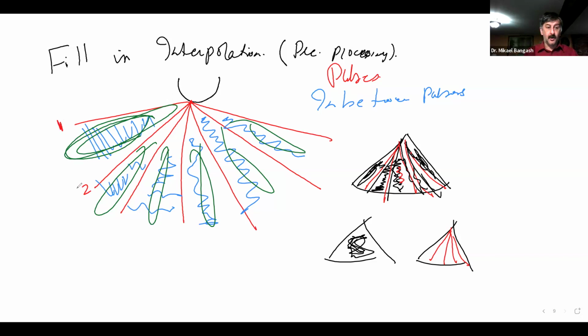The system is going to compare the gray shades produced by pulse 1 and pulse 2, and with the help of that, it can somehow try to guess the gray shades at different depths in this area here. Did you guys get that?